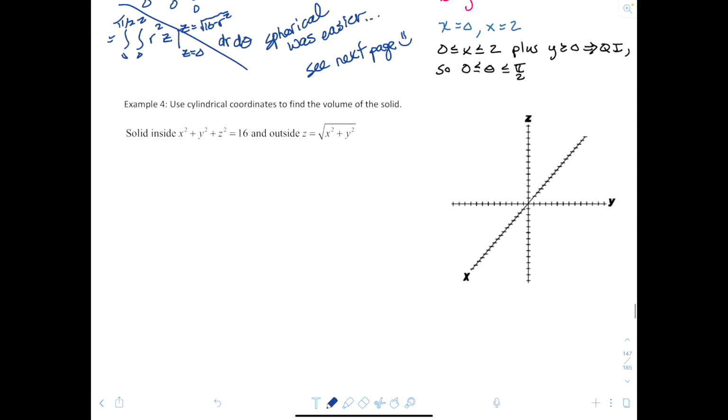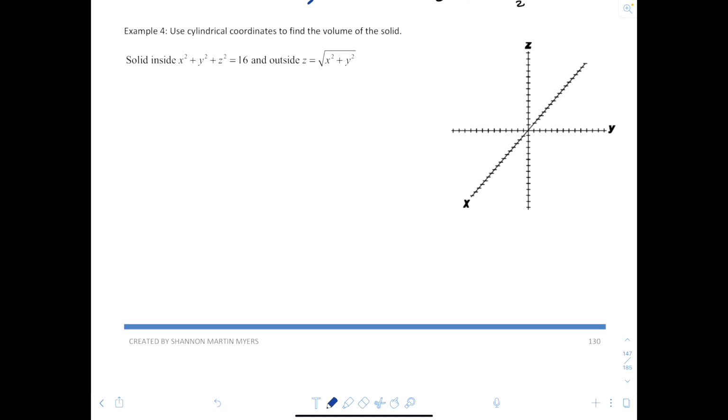All right. So now, last example, use cylindrical coordinates to find the volume of the solid. So here we go. The x squared plus y squared plus z squared equal to 16 is what? Good, it's a sphere with radius of 4.